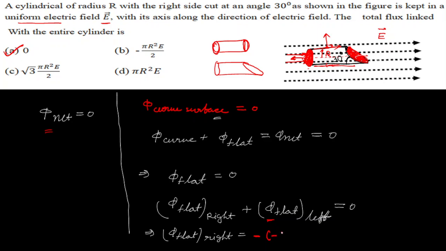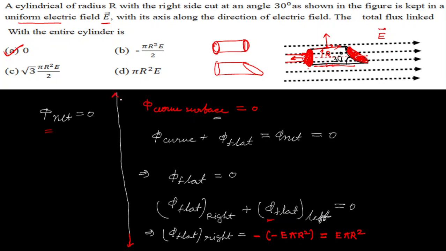So minus, minus E pi r square. Ultimately, the flux through the right surface will be plus E pi r square. Okay, so this type of question you can solve easily.